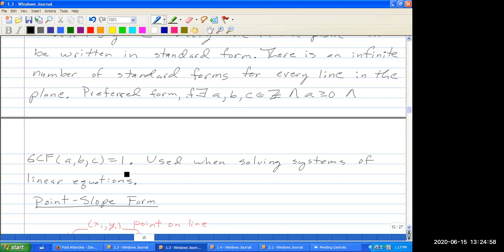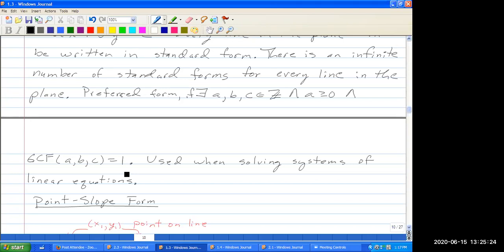Then we say that this is the preferred standard form. When would I use this? Well, I use this when I'm solving systems of linear equations. So if I have more than one line in the plane, I write each of the lines in standard form.